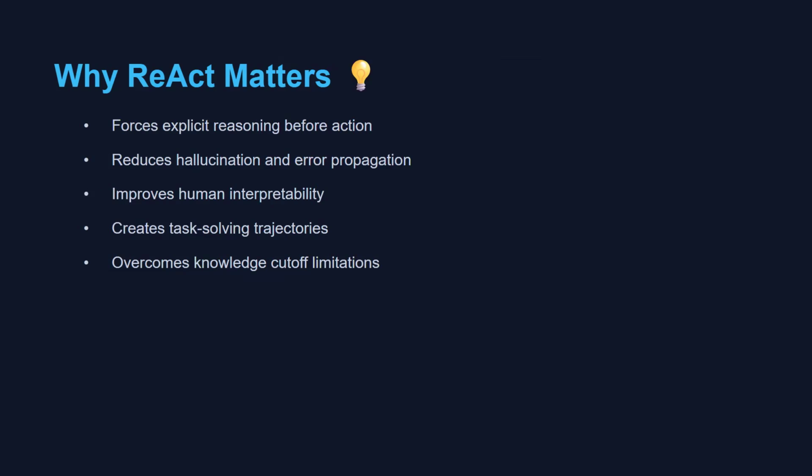It forces explicit reasoning before action. If you have a lot of hallucination, it can reduce hallucination and error propagation. It improves human interpretability, creates task solving trajectories, and also helps you overcome knowledge cutoff limitations.